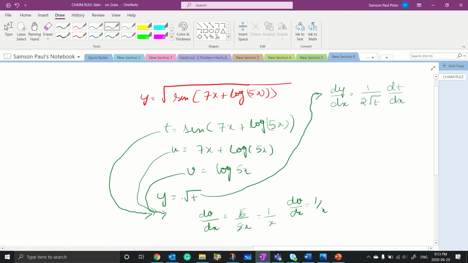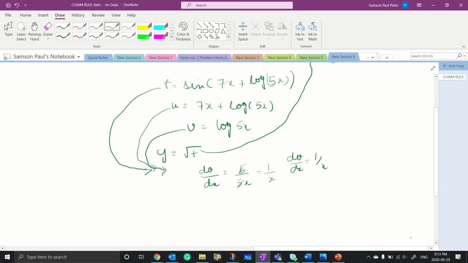Then let me go to u. So u is nothing but 7x plus v, because v is substituted here. So du by dv is, of course you have to differentiate with respect to x also, that you keep as it is, 7 plus dv by dx.